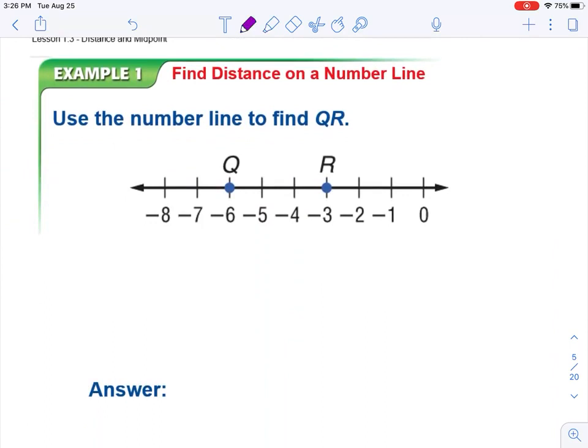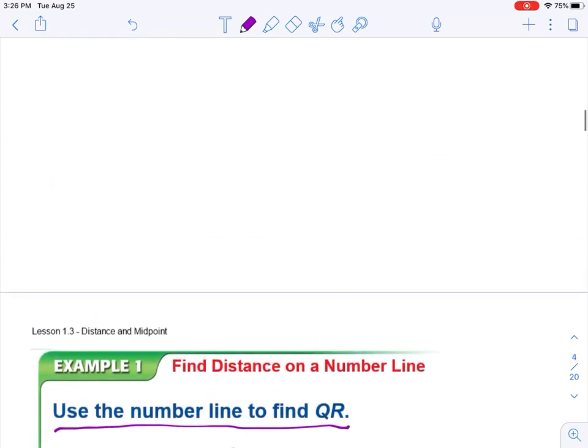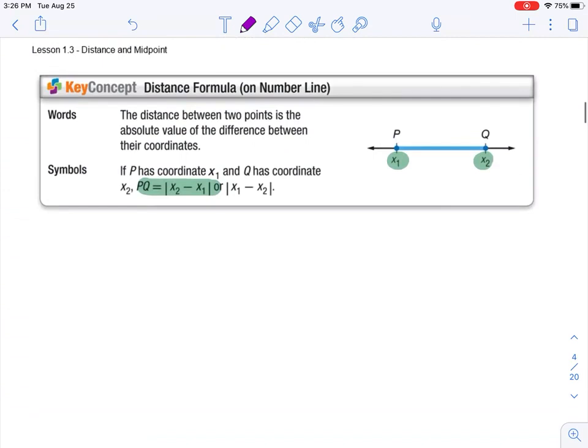So we are finding the distance between Q and R. Now notice it doesn't say to find the distance. When you have QR here without a line on top, that signifies that you are finding the distance. So we take the absolute value from -6, and then notice we subtract them.